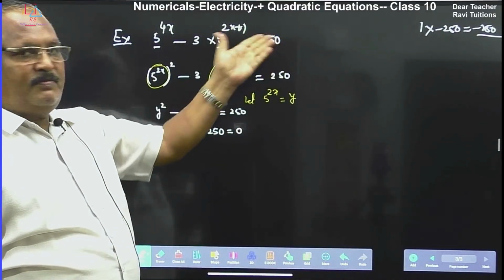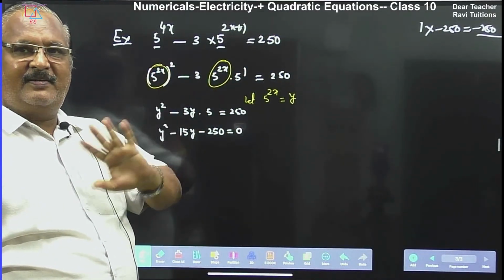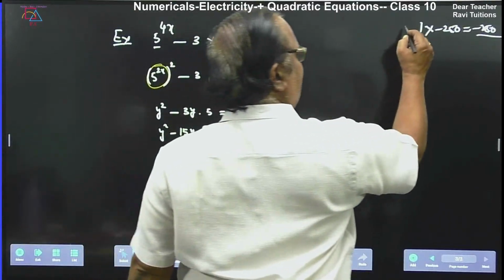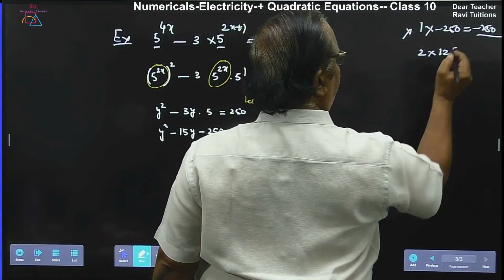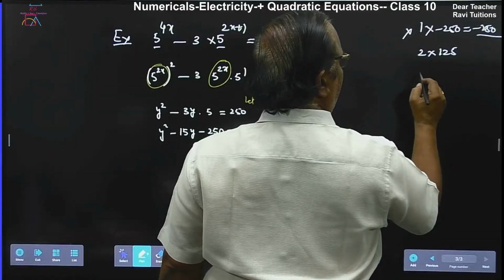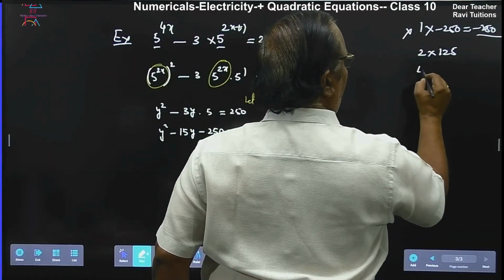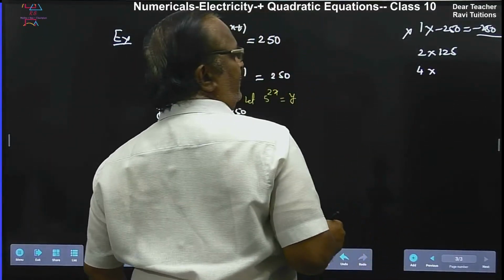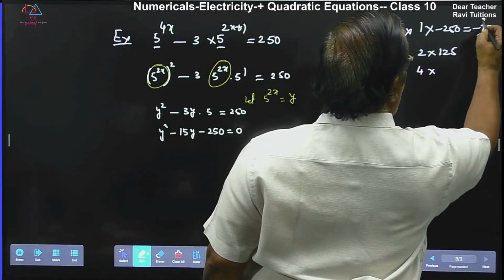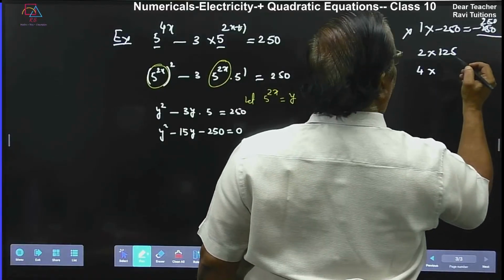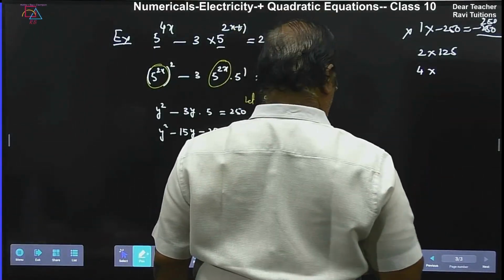First 250 minus 1, 249. Not possible. Let us start from 2. 2 into 125, not possible. 3 table won't go. 4 table also won't go.